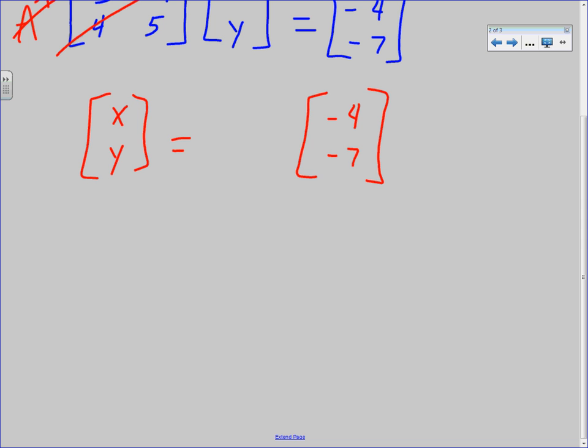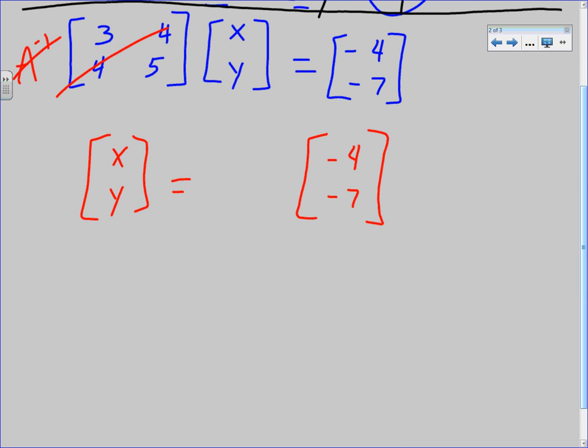So if we look here, let me get that back on our screen. The inverse of matrix A is 1 over the determinant of A. The determinant of A: we should have 3 times 5, which is 15, and then 4 times 4, which is 16. We subtract those. What is 1 over -1? That would be -1.